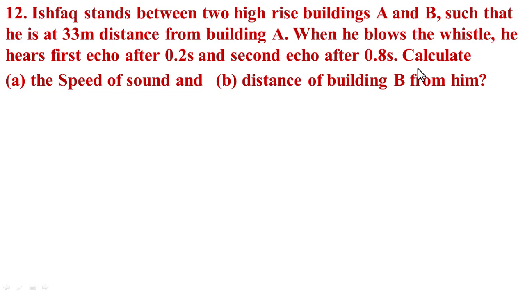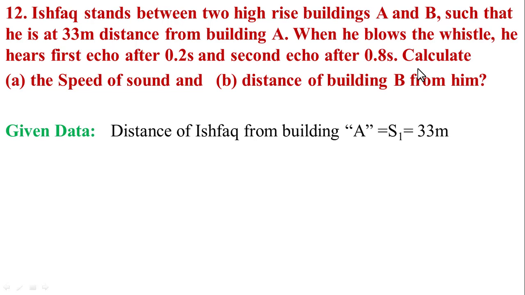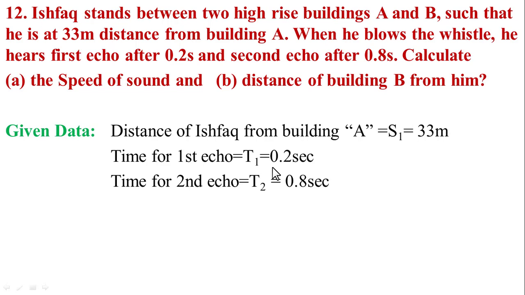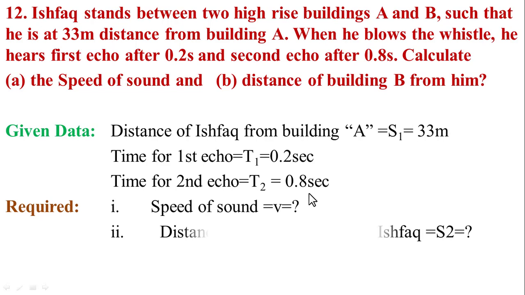Calculate the speed of sound and the distance of building B from A. Now, given data: distance S1 is equal to 33 meters, time of first echo t1 is equal to 0.2 seconds, and time of second echo t2 is equal to 0.8 seconds. We calculate the speed of sound V and the distance of building B, S2.